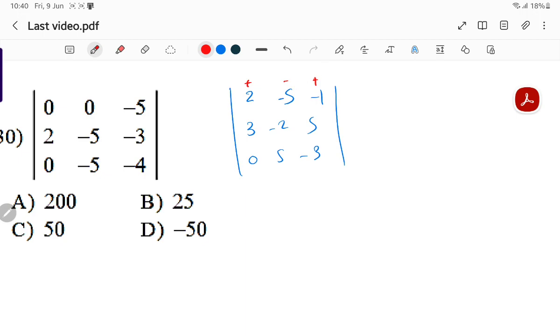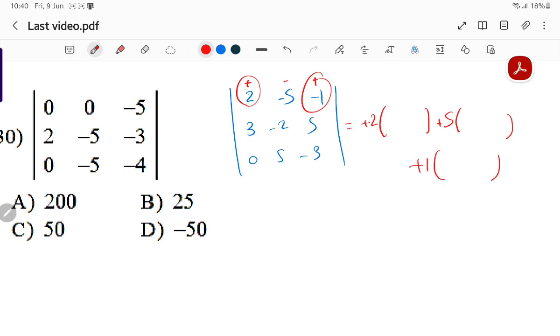We don't change it. So we have 2, positive 2 with a bracket, then minus 5, we change it to be negative. So this is positive 5. Positive 5 and a bracket. This one is plus 1 and the bracket.